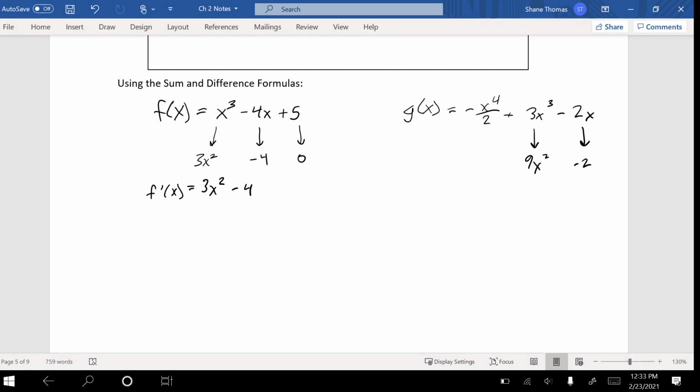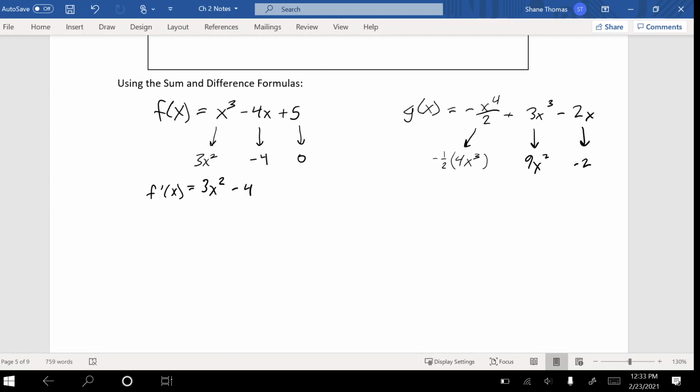Perfect. All right. Now, this guy here, I'm going to bring him down. It's a little bit different. This one here, I'm going to rewrite. I'm going to go negative 1/2, just so I can get just the x to the 4th by itself, which would be 4x to the 3rd.